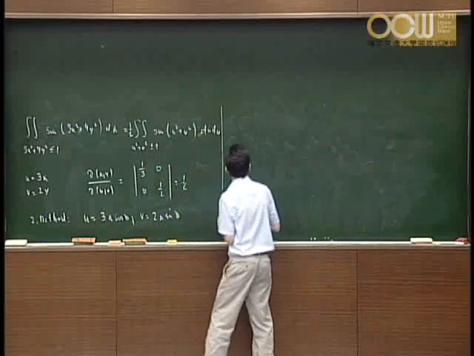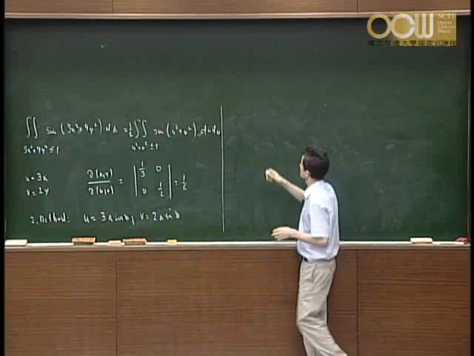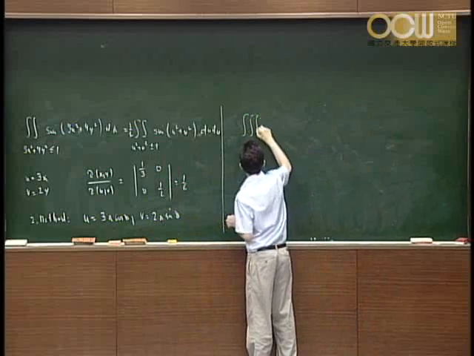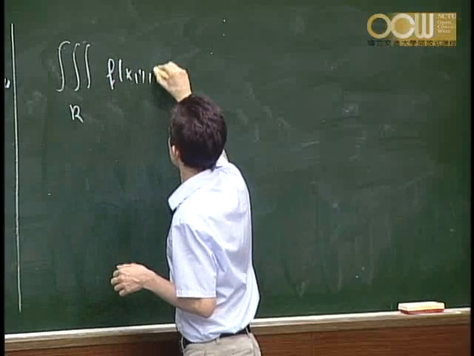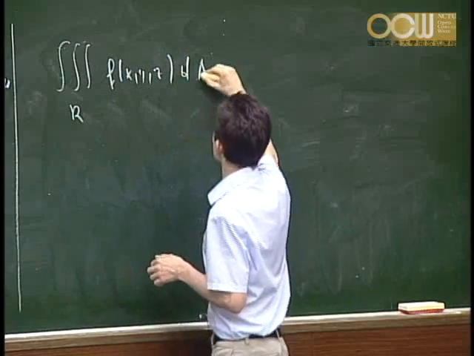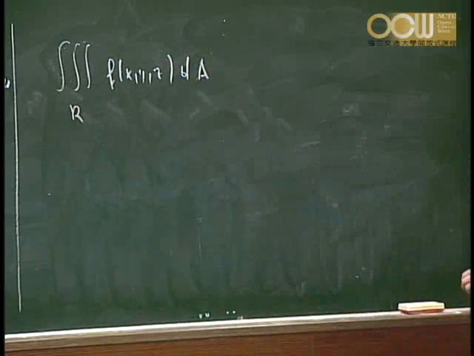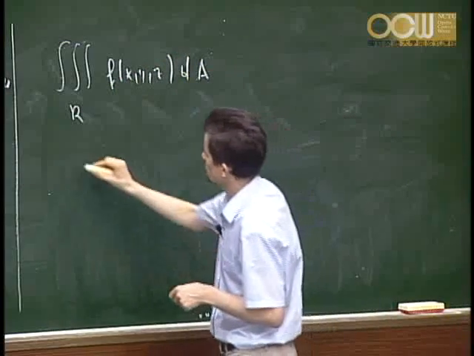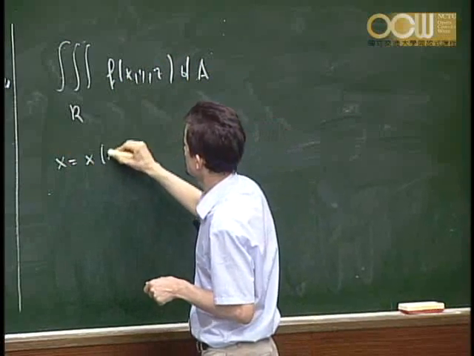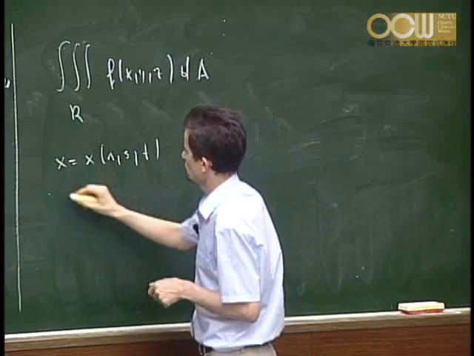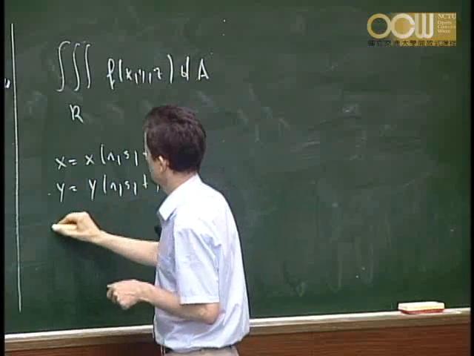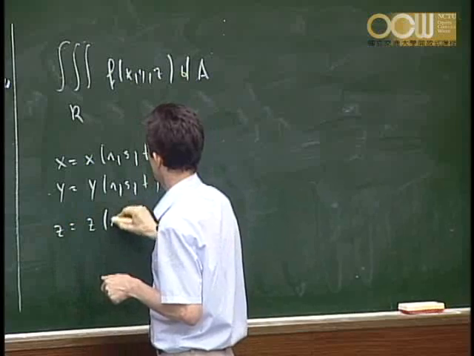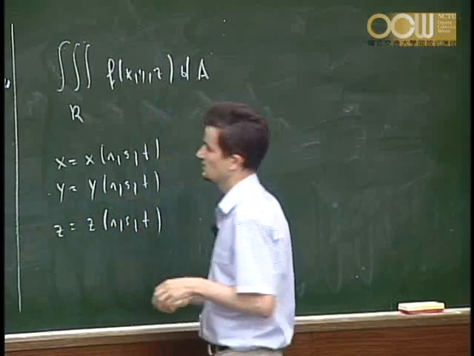Now, maybe for a triple integral, let's write down the rule. You have a similar rule, but the transformation is getting much more complicated because x is equal to x of r, s, t, y is equal to y of r, s, t, z is equal to z of r, s, t.